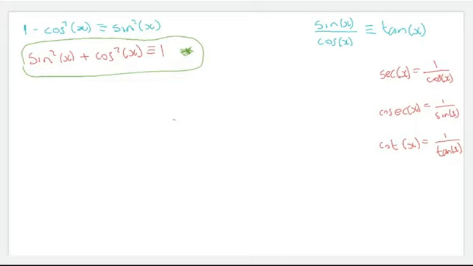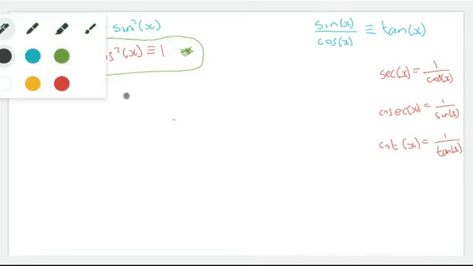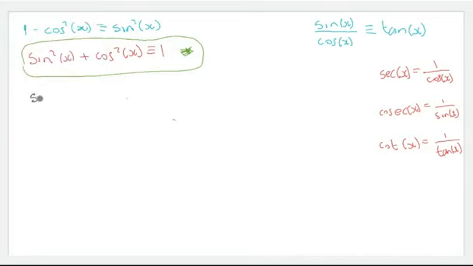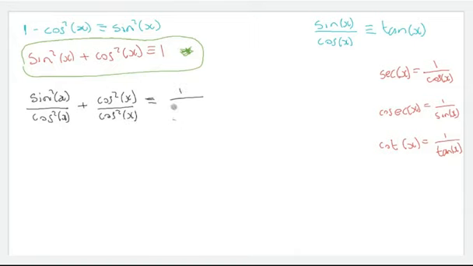Right, so we have, let's write this one in black. Sine squared x divided by cos squared x plus cos squared x divided by cos squared x is identical to 1 divided by cos squared x.